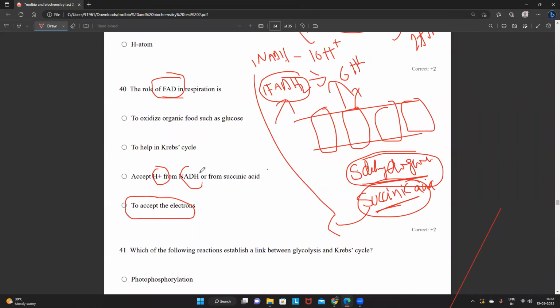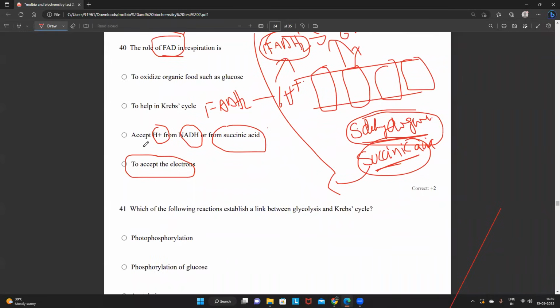It accepts the proton either from NADH or from succinic acid. Then FAD is converted to FADH2. Then it is involved in the pumping of 6 protons. Very simple and straightforward question. But most of the people have given the wrong answer. Oxidized forms never accept electrons. They always lose electrons. Only the reduced forms accept the electrons. I want every one of you to understand that.